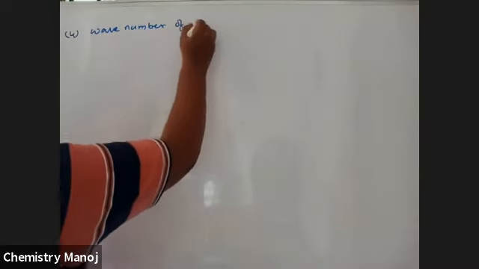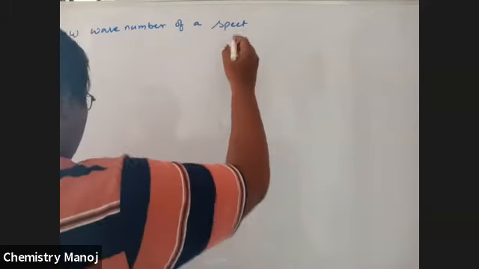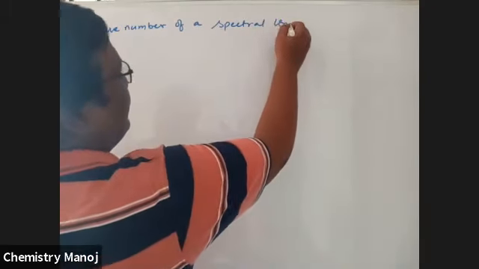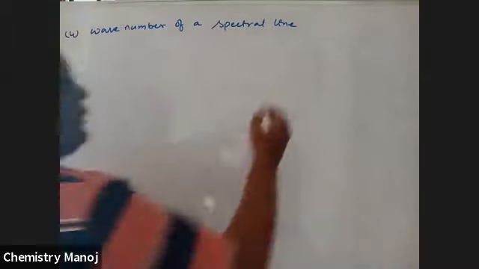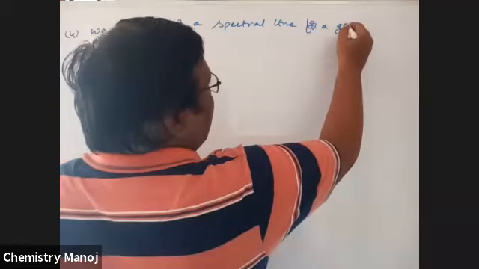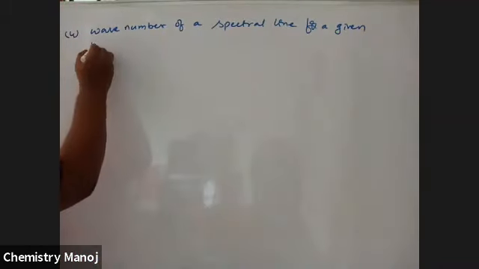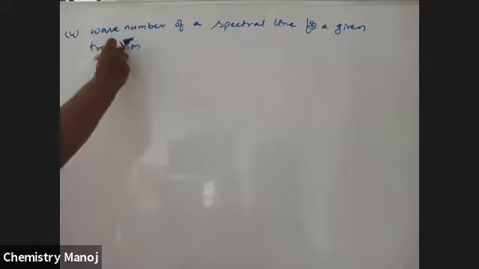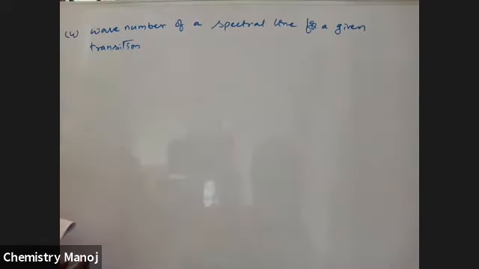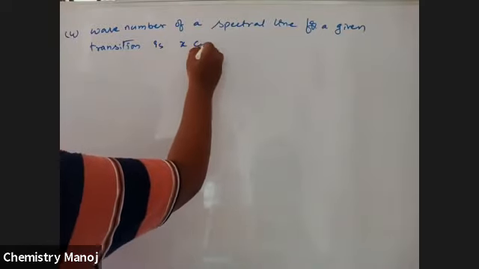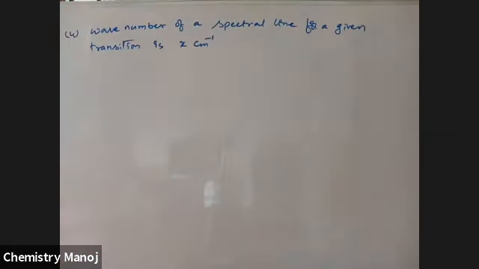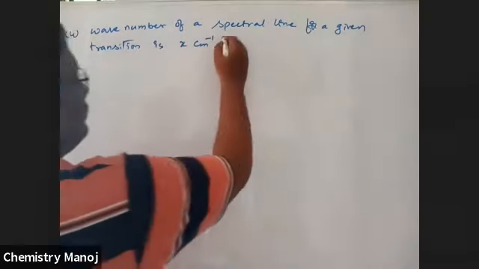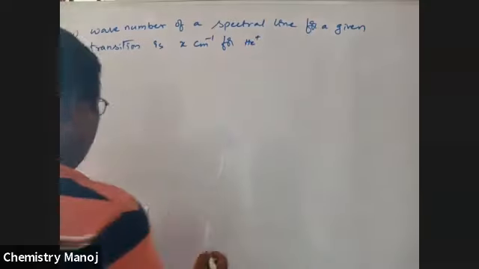The wave number of a spectral line for a given transition is x centimeter inverse for He plus.